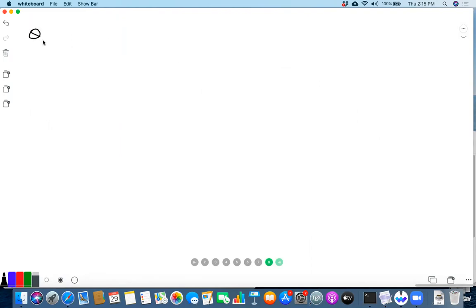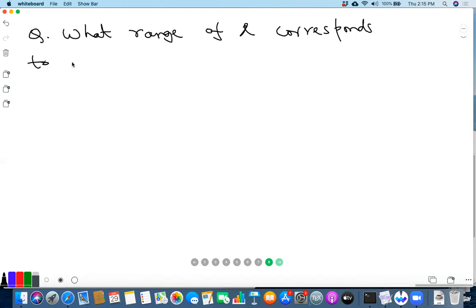Okay, so the question is what range of R or L corresponds to L over R less than lambda h.